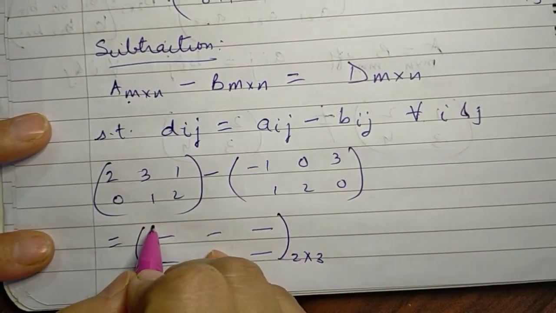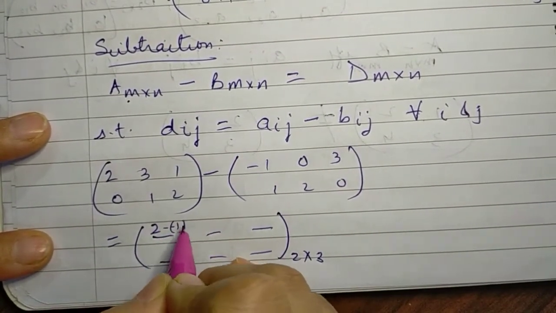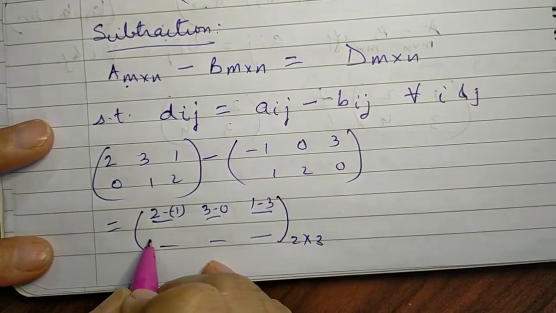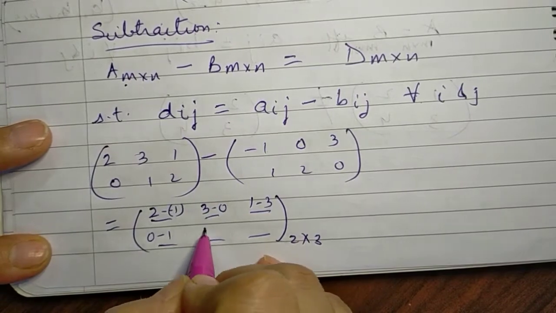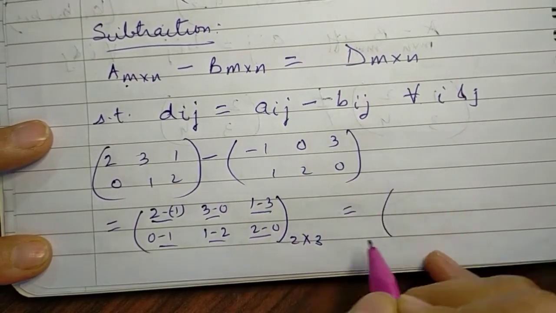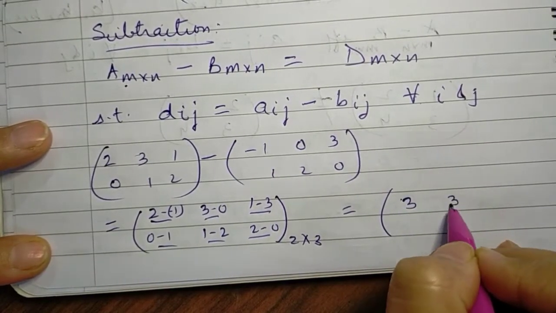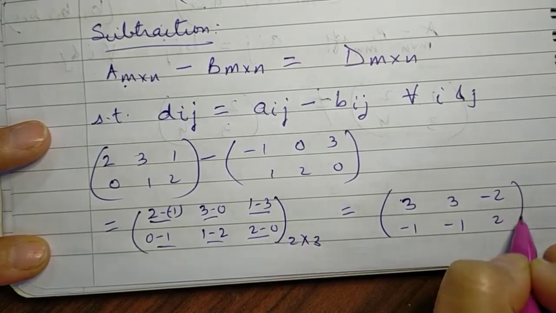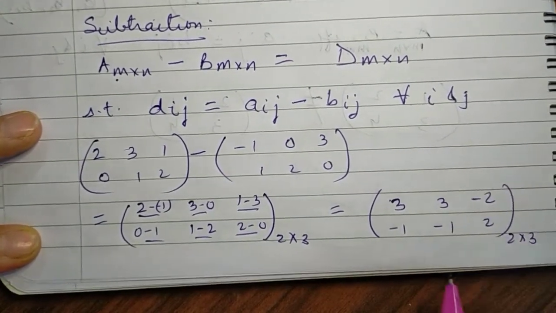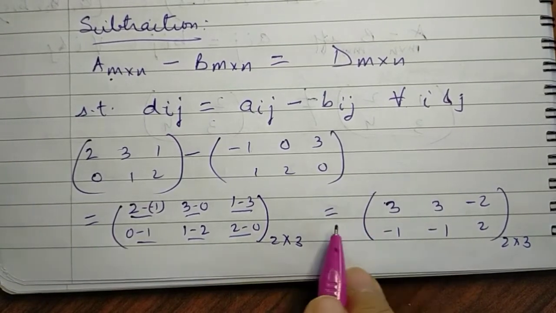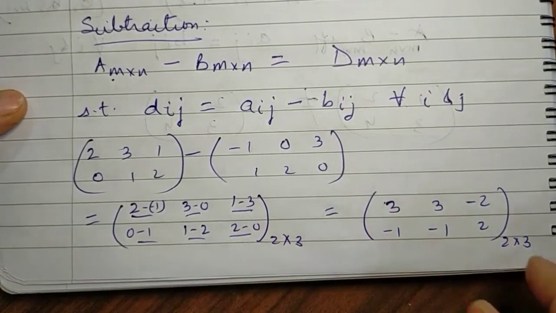This position would be 2 minus 1, then this is 3 minus 0, this would be 1 minus 3, this would be 0 minus 1, this would be 1 minus 2, this would be 2 minus 0, which gives us [1 3 -2; -1 -1 2], which is again another 2 by 3 matrix having every element as the difference of the elements in the corresponding positions.